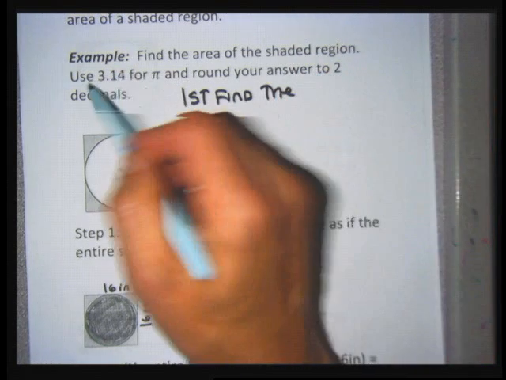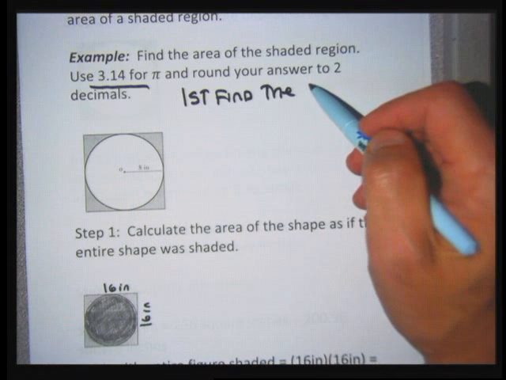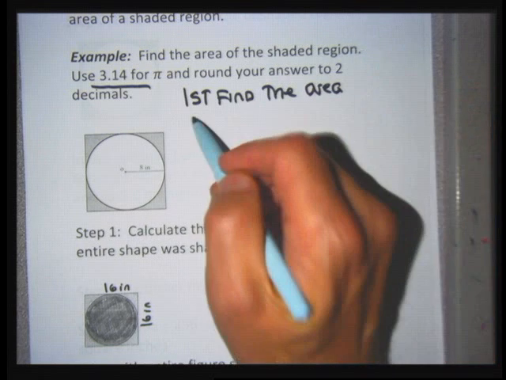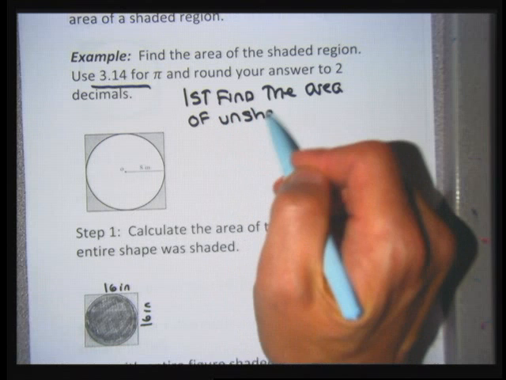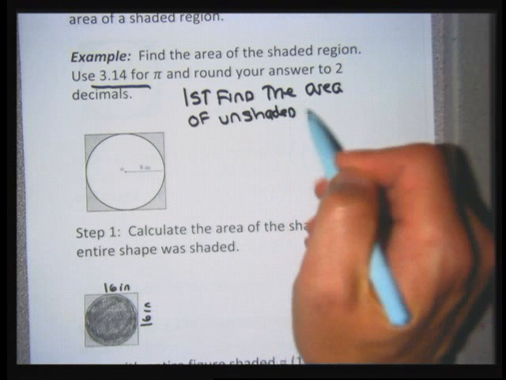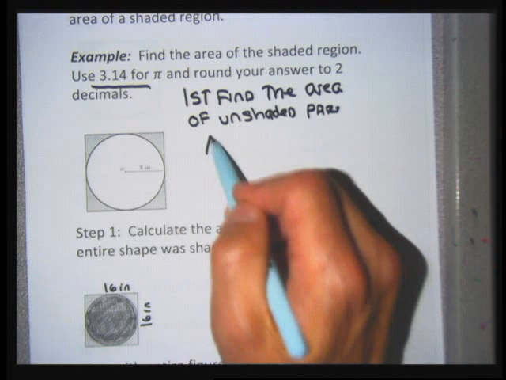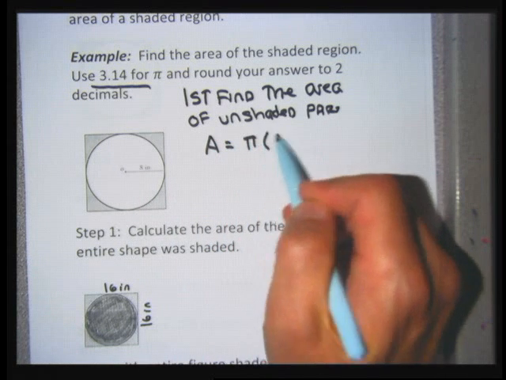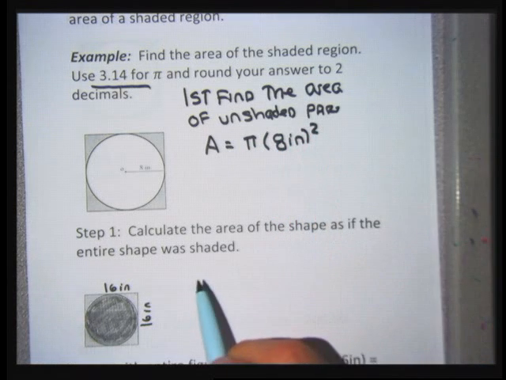Now it finally tells me to use 3.14 for pi and round my answer to 2 decimals. So first I'm going to find the area of the unshaded part. That's a circle. Its radius is 8. So the area would be pi times 8 inches squared.